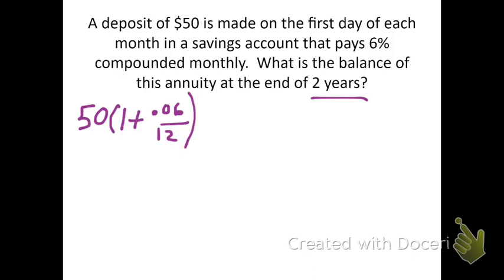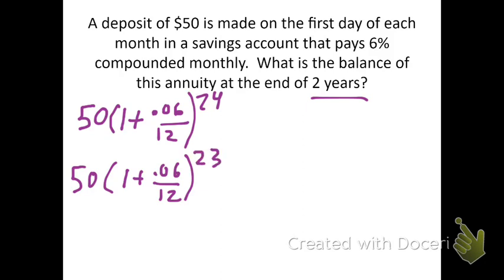Now, the money you put in the second month that you started this account would have only gotten 23 months' worth of interest. So it would have been compounded 23 times, because you put it in at month 2 of 24 months, so it gained 1 and 11/12 years' worth of interest.